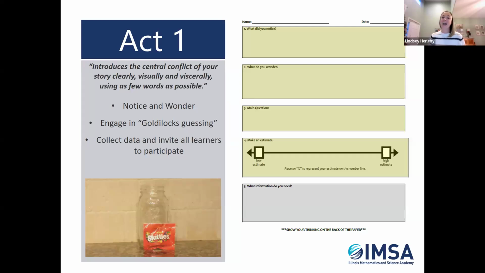So having them estimate is quick and easy. In science, they spend so much time making predictions. And in math, it's the same thing. Making estimations is the same as making predictions in science, and we just cut it out for some reason. So I encourage you to make that a regular practice. And then obviously collecting data, inviting learners.